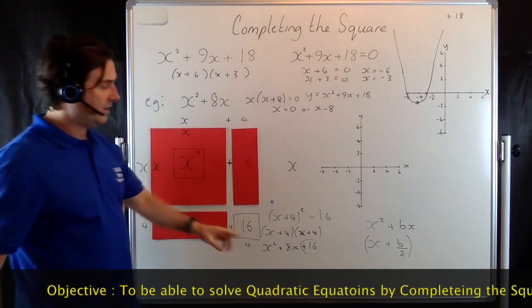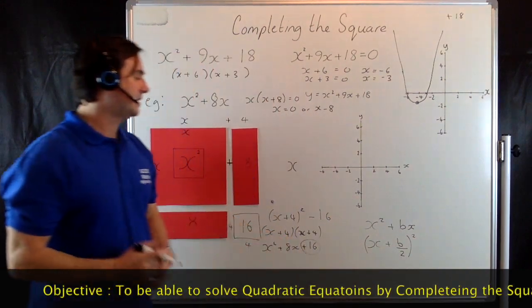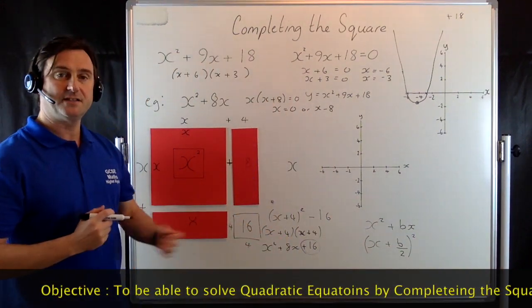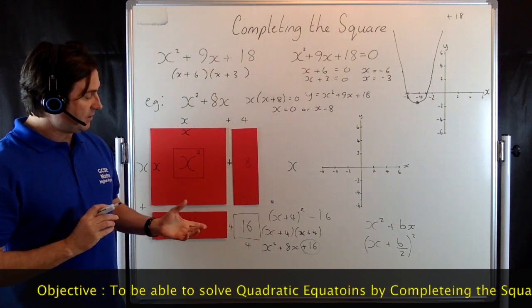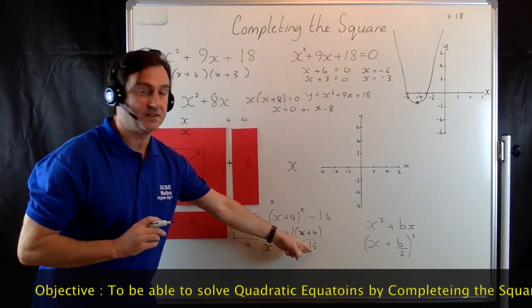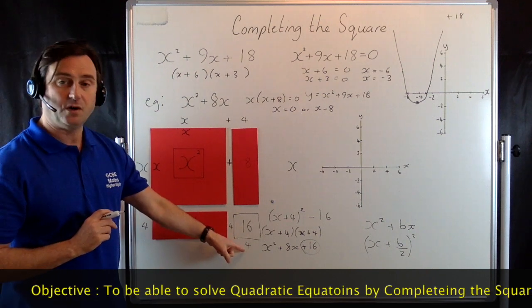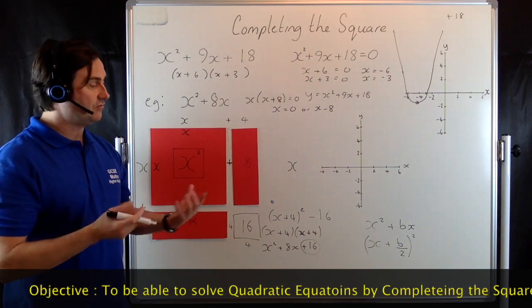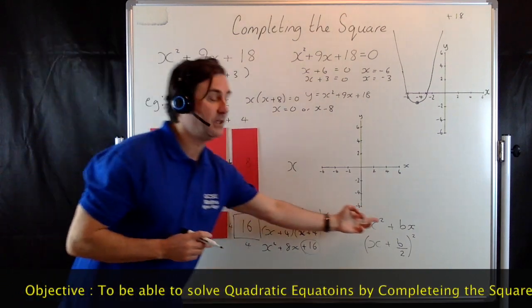But then I've had to take something away. Sorry, I need to square that. I need to take something away from that. I had to take the 16 away in this example here. If you have a look at how I get the 16, it is got by doing the 4 times the 4. Well, in general terms, this no longer is 8, this is b.